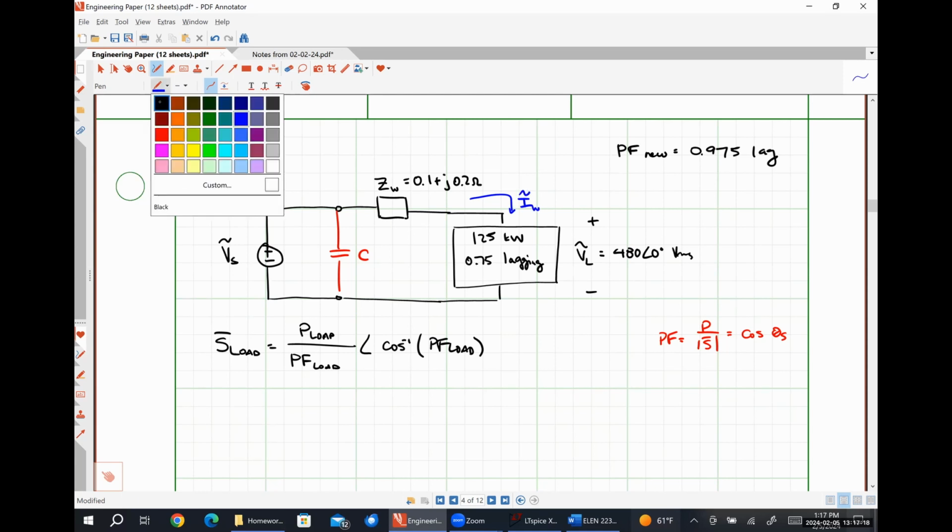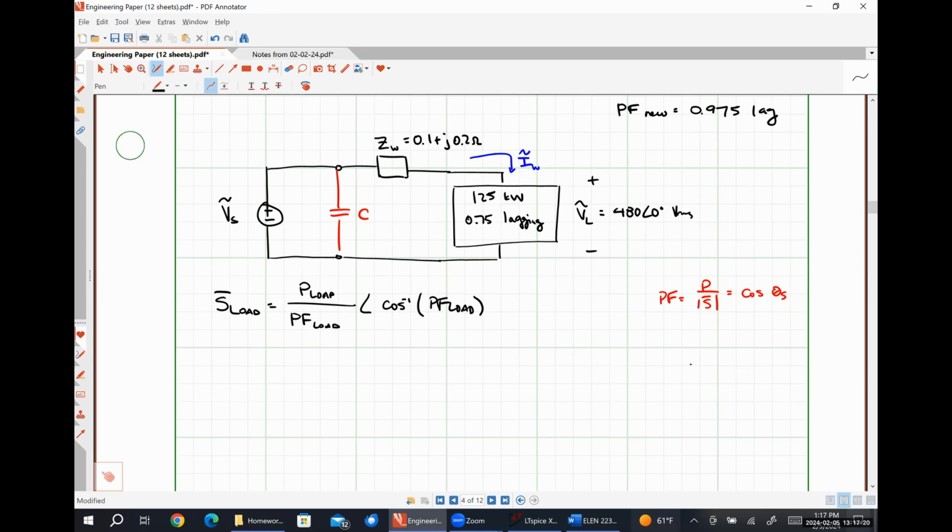S load is equal to VL times IW conjugate, which means IW is equal to S load divided by VL, conjugate the fraction.